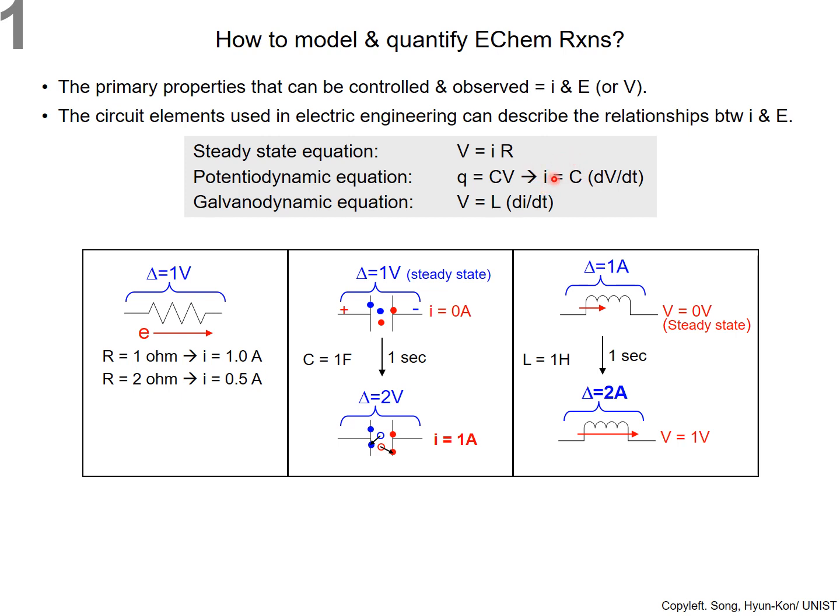So only when we are moving the potential with time could you obtain some current. Current is proportional to dV/dt instead of just voltage.